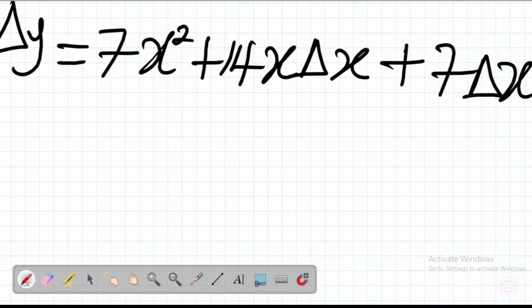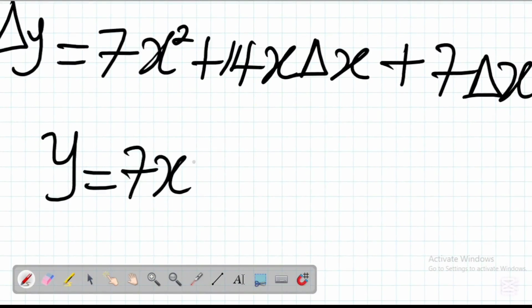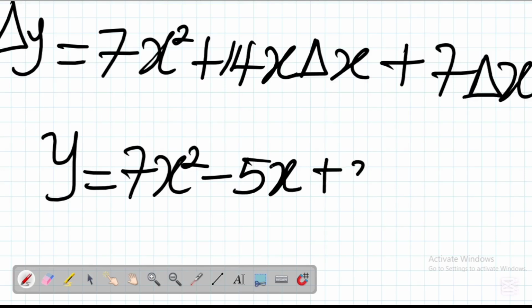Remember, from our question, y is equal to 7x squared minus 5x plus 3.